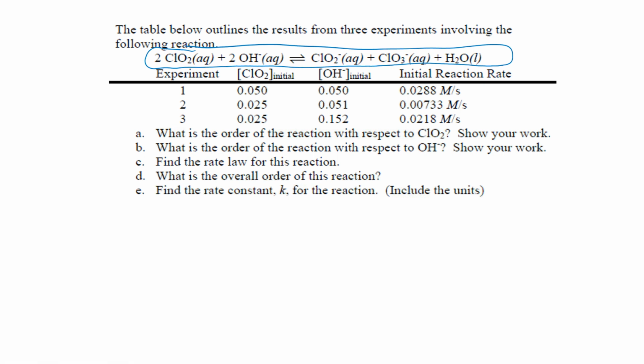And in this problem, we're doing this using the method of initial reaction rates. What that means is that we're going to set up several experiments where we just change one variable at a time, and we look to see what impact that variable has on the initial reaction rate. So first we have to interpret our data set.